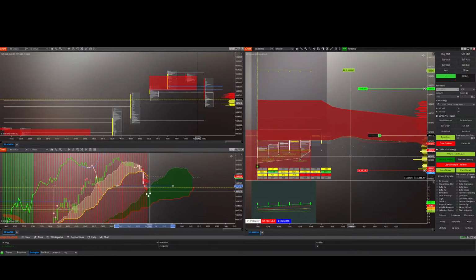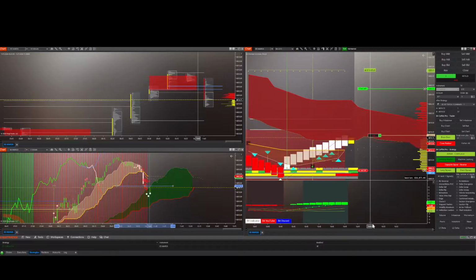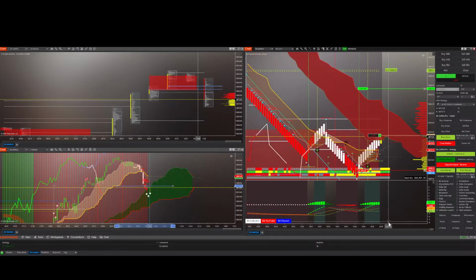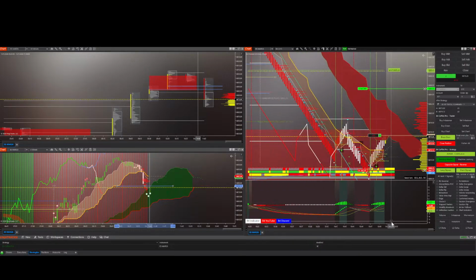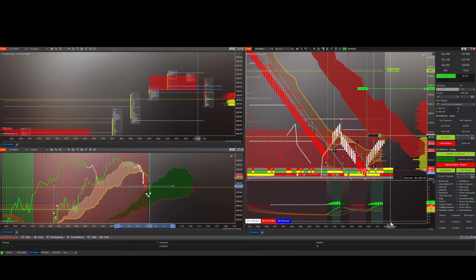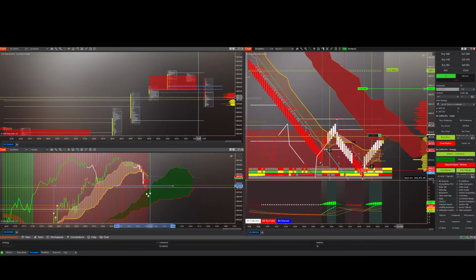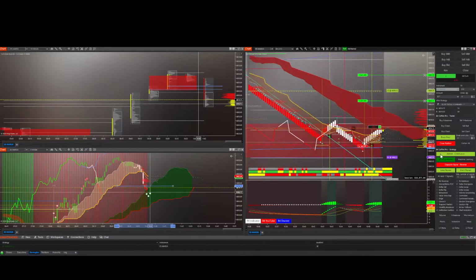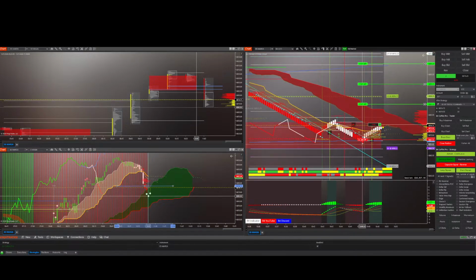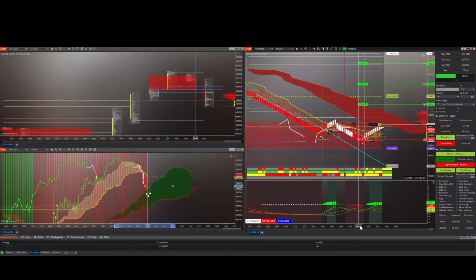All right, we're in the cloud. VWAP bounce.